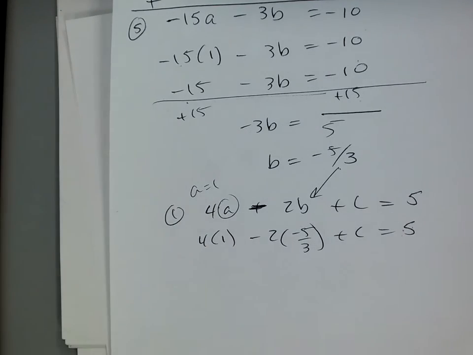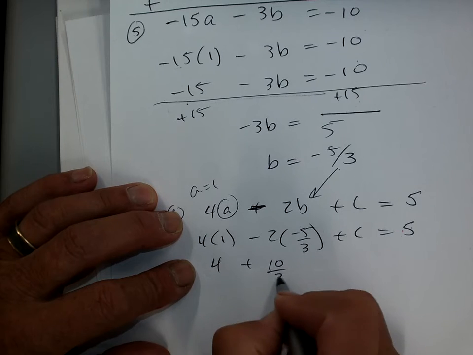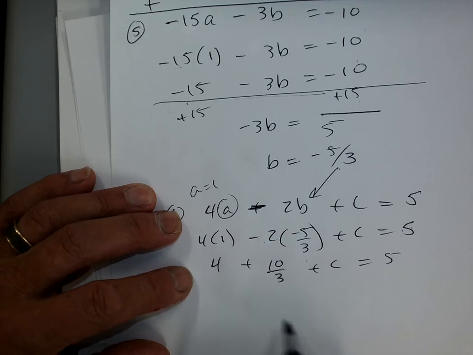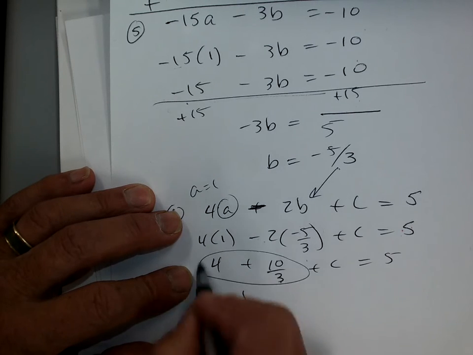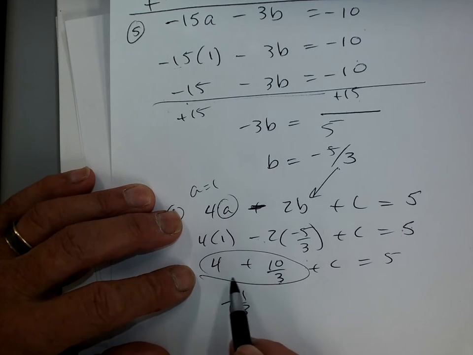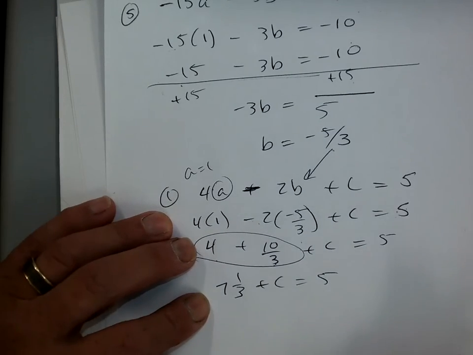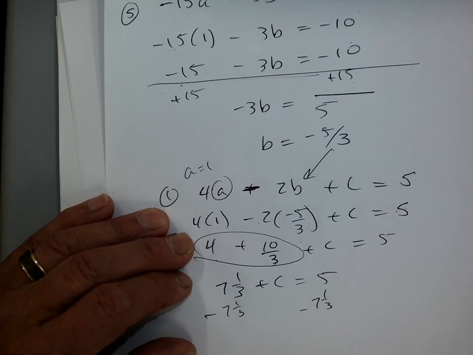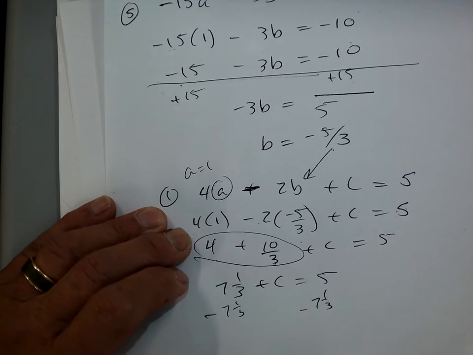Oh, that's hard. 4 plus 10/3 plus c equals 5. 10/3 is the same as 3 1/3. If I add these together, that's 7 1/3 plus c equals 5. So I get 5 minus 7 1/3, and I get negative 2 1/3 for c.